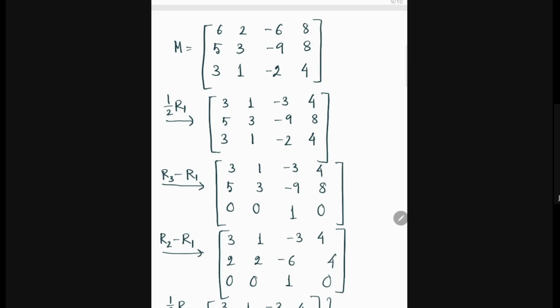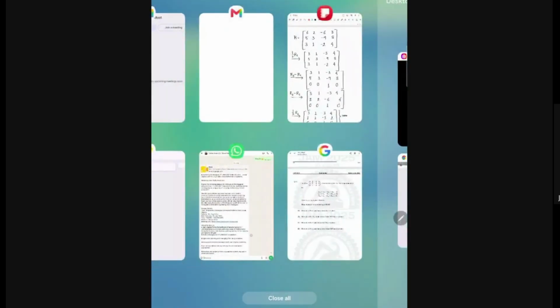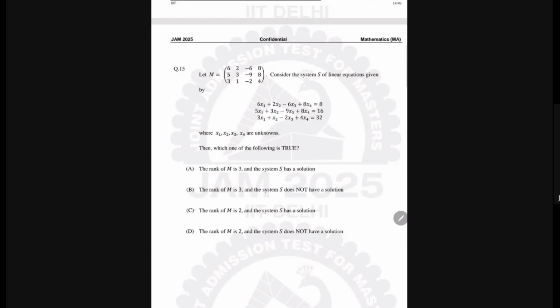So we can say that the rank of this matrix M is 3, right? So option C and D are not true. So our correct option is among option A and B, right?